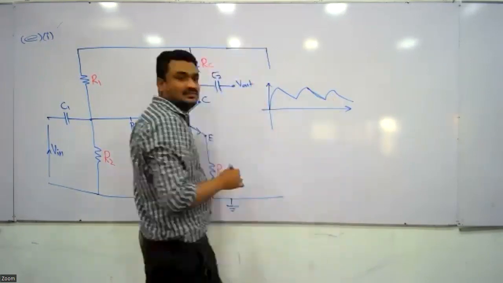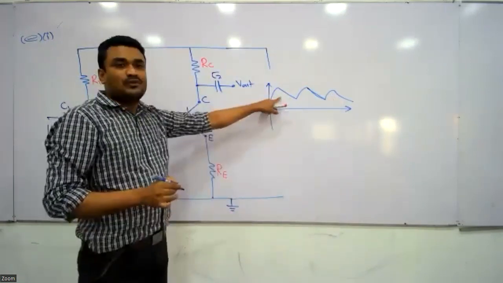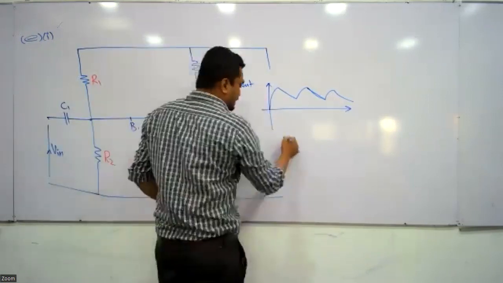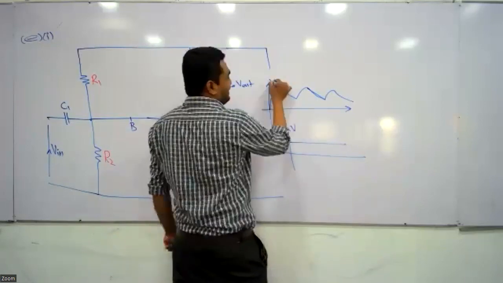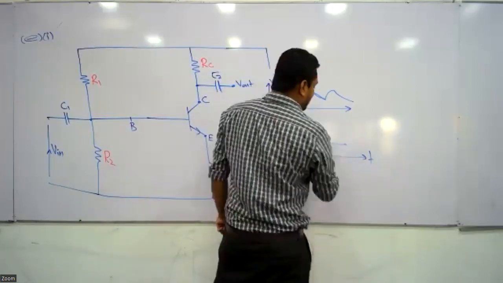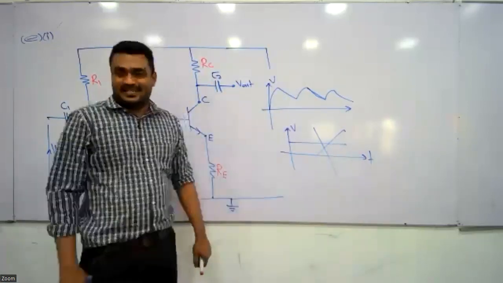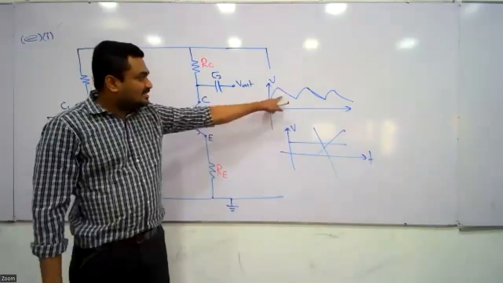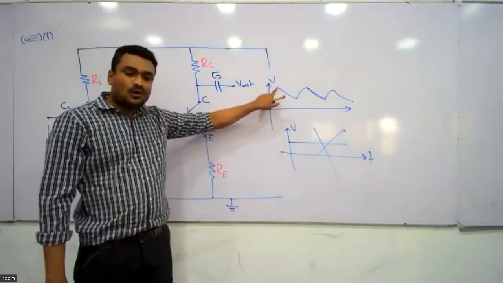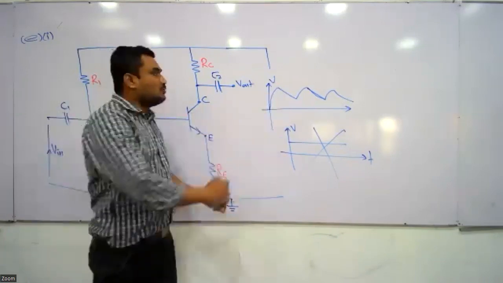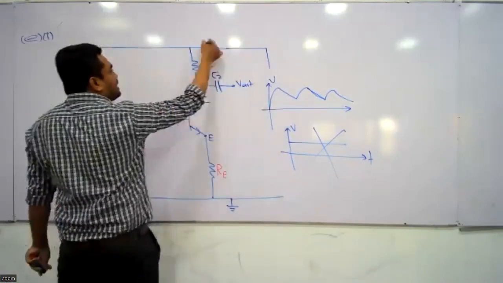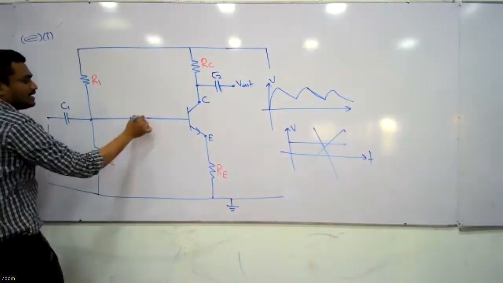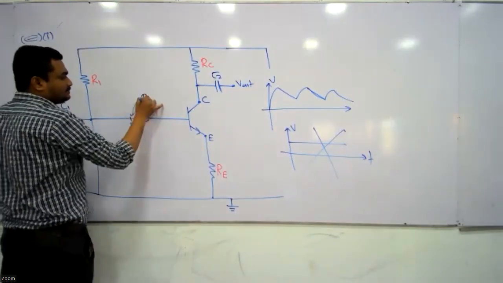Without the Zener diode, the voltage was like this. Do you remember this graph? This circuit wants a constant voltage like this, right? But they do not give a constant voltage. Voltage with only the capacitor is given. So this ripple voltage provides a ripple current to the base. This is the base.